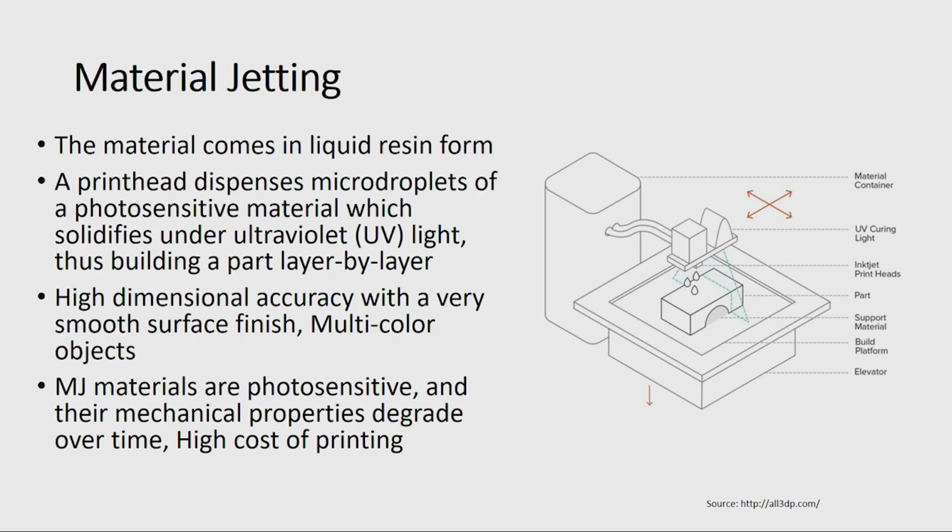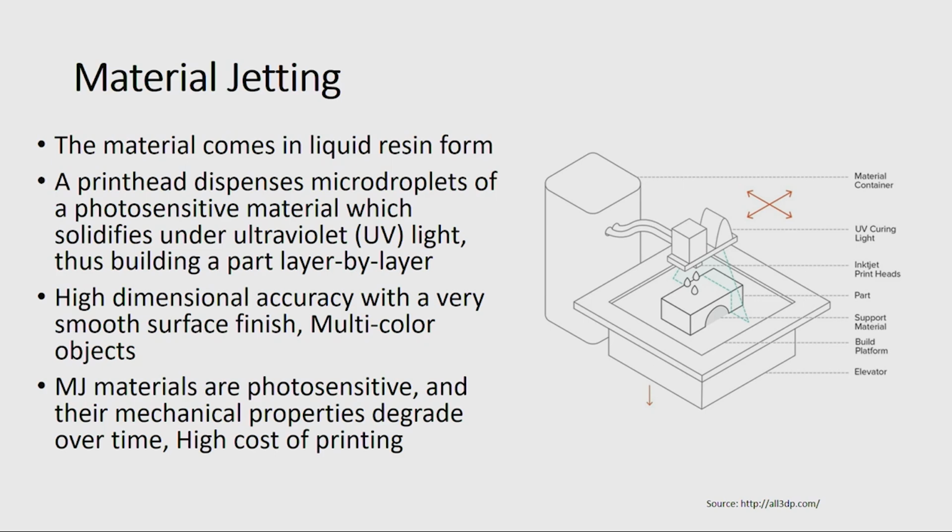So similarly the material jetting 3D printer will deposit UV curable ink, and it will be cured layer. The UV light will cure the ink which is deposited, and layer by layer the 3D object is made.